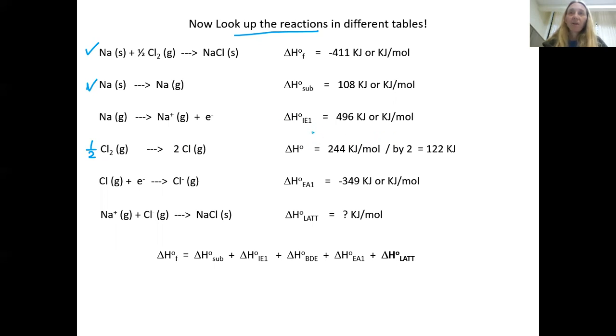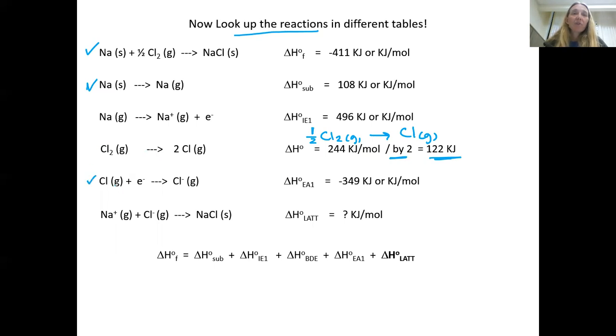So remember in my reaction pathway, I had 1/2 chlorine gas goes to chlorine, right? So when I looked up the table, this was the equation it gave me, but I know that mine's half that, so I had to take and divide by 2. So my reaction gives me a positive 122 kilojoules.